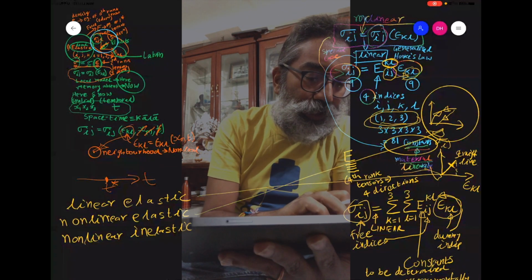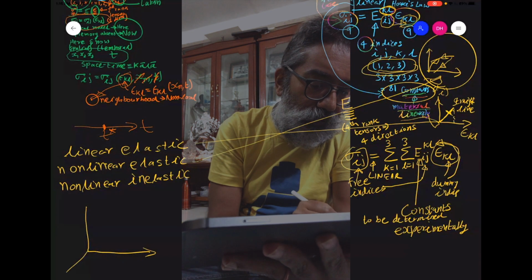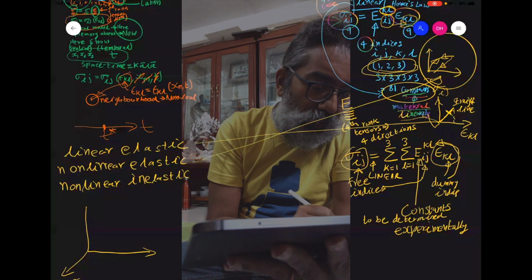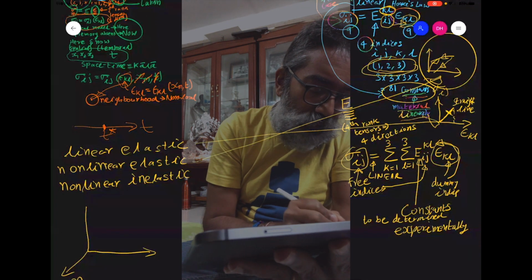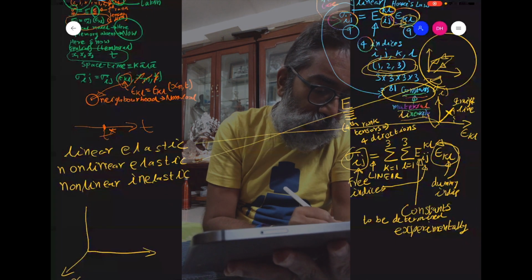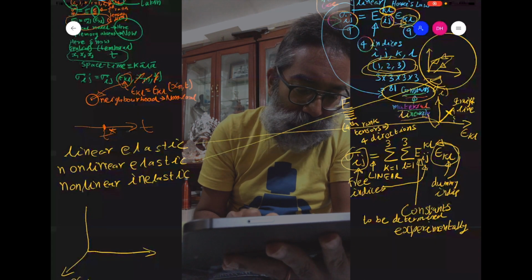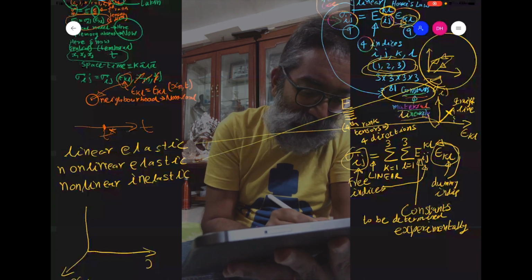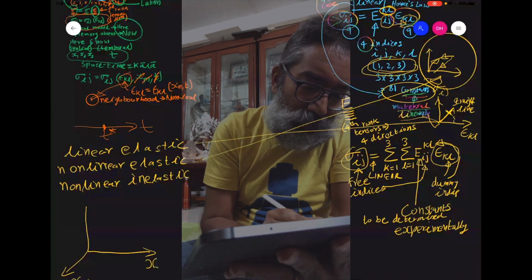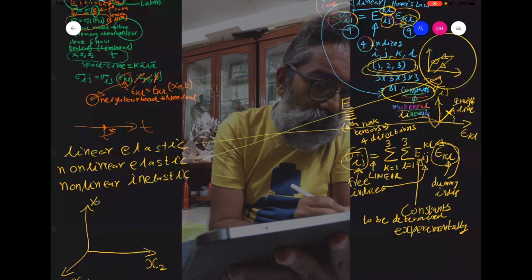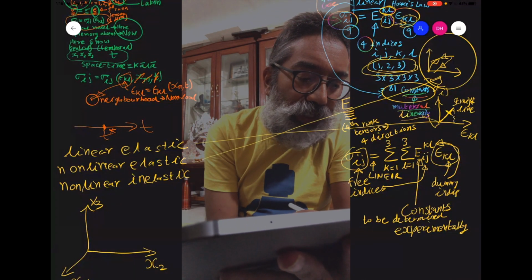So let's introduce, let's say, a coordinate system x1, x2, x3 over here, right? So what we are saying is that a covariant is always tangential to this.